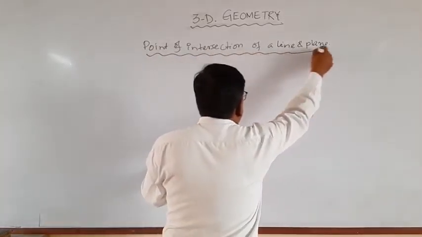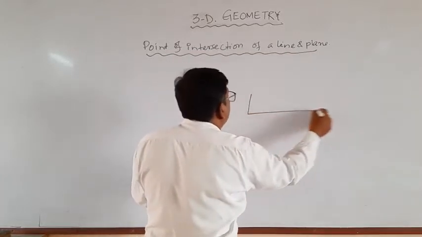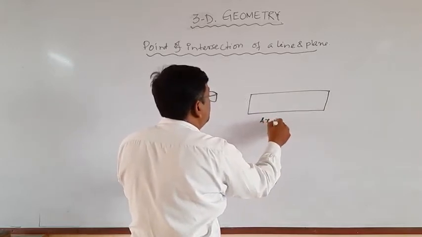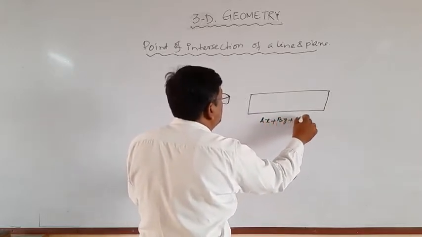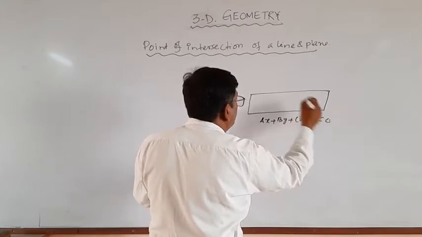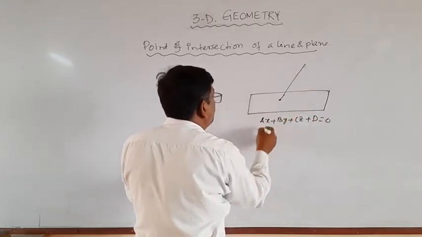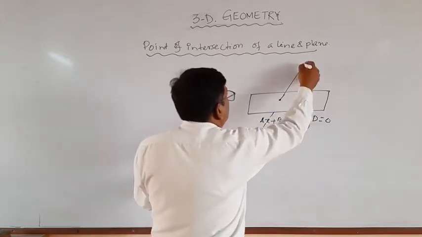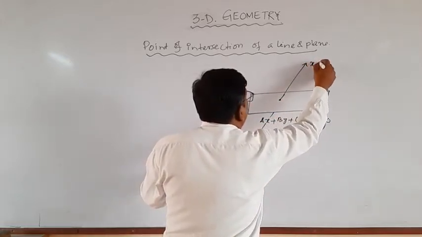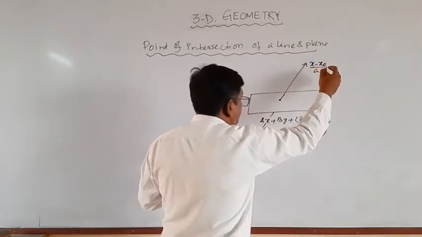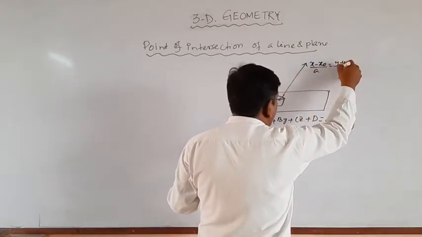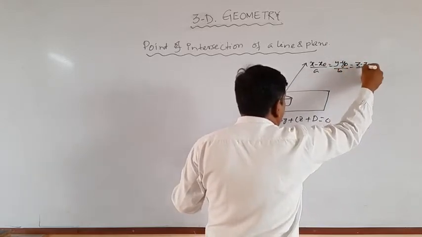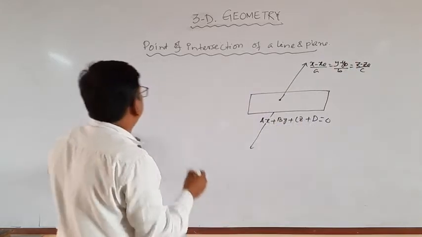The point of intersection of line and plane. Suppose this is the plane whose equation is ax plus by plus cz plus d is equal to 0, and this is the line whose equation is x minus x naught by a is equal to y minus y naught by b is equal to z minus z naught by c.